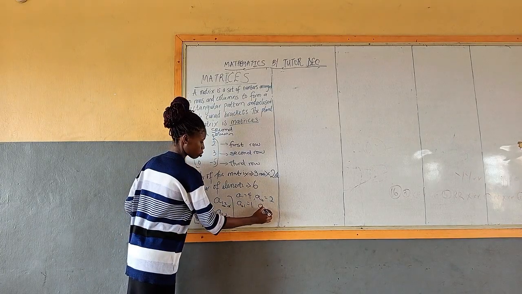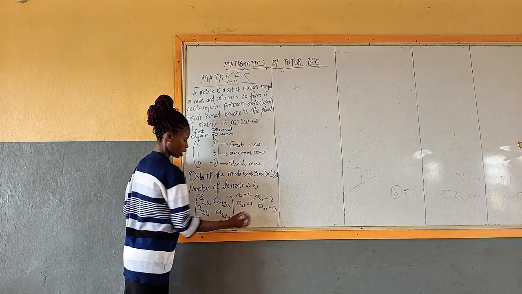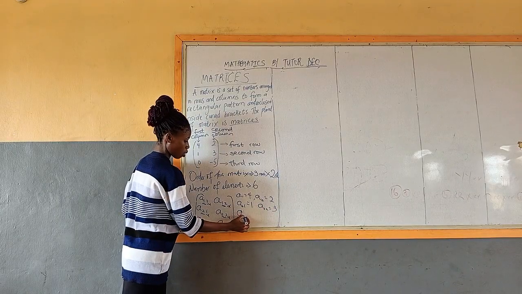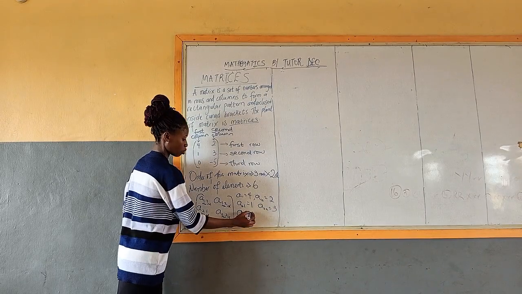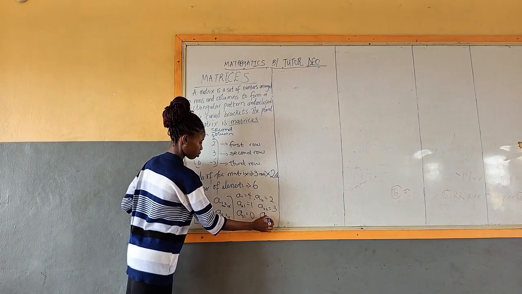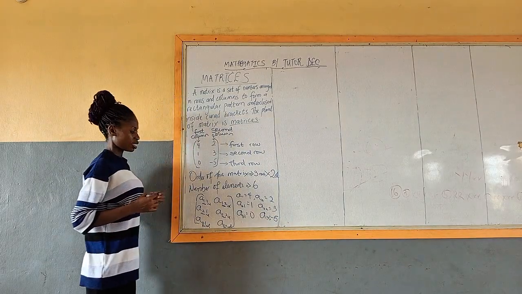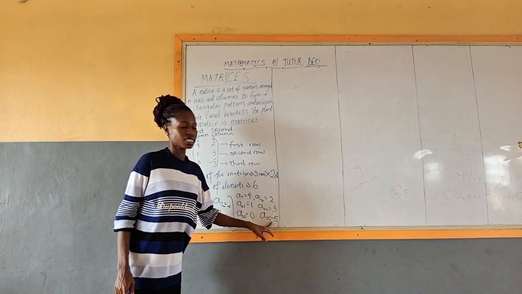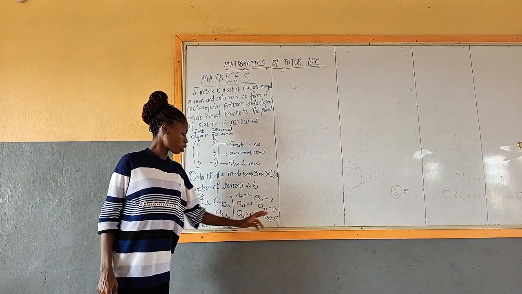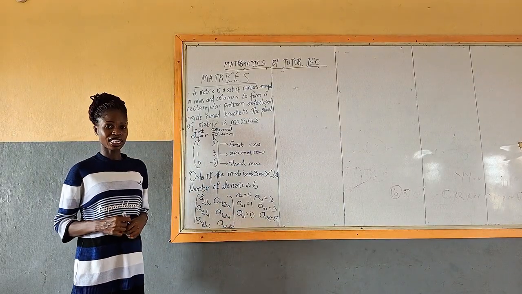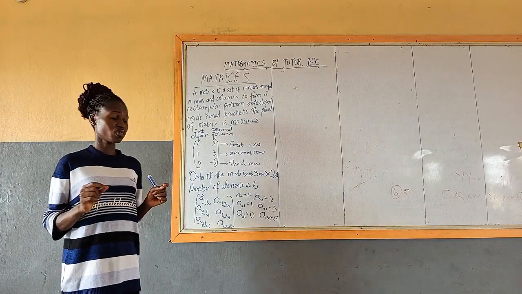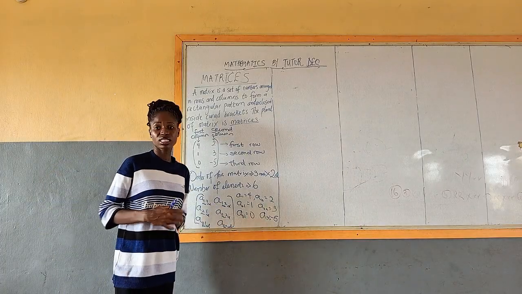Our A22 is 3. Our A31 is 0. And our A32 is -5. You can see that we wrote the sign, the symbol in front of this 5. Anything that is written in front has to be written whenever you are dealing with matrices.